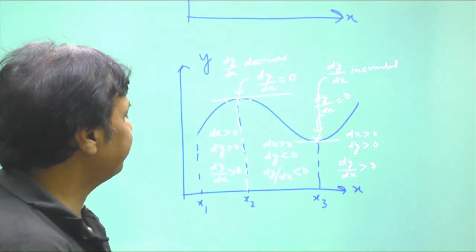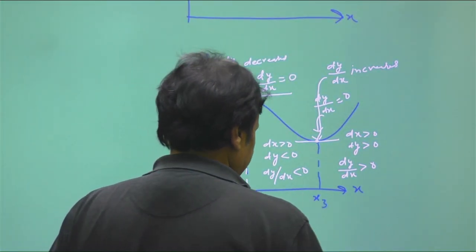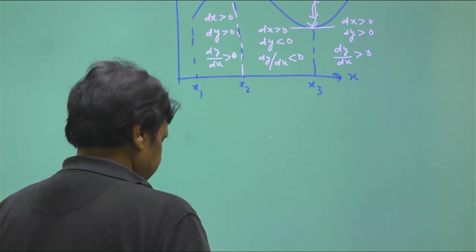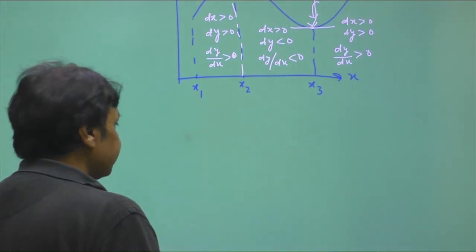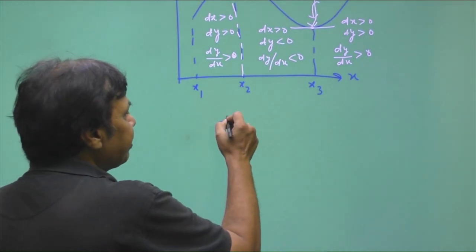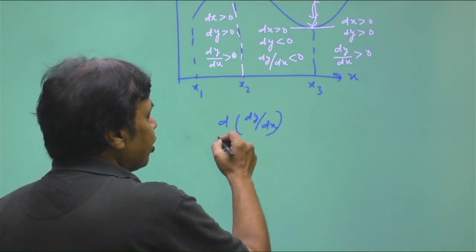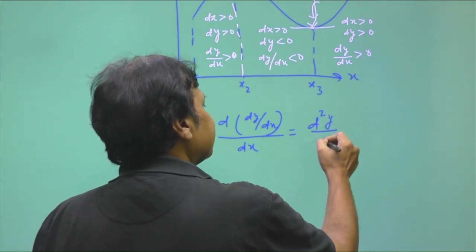So if we take the derivative of dy by dx, what is the derivative of dy by dx? You know, it is simply written as d2y upon dx square.